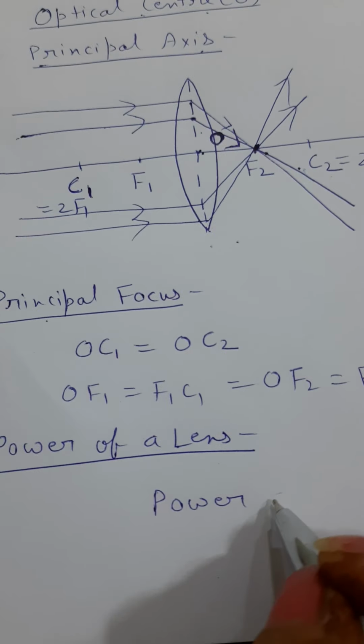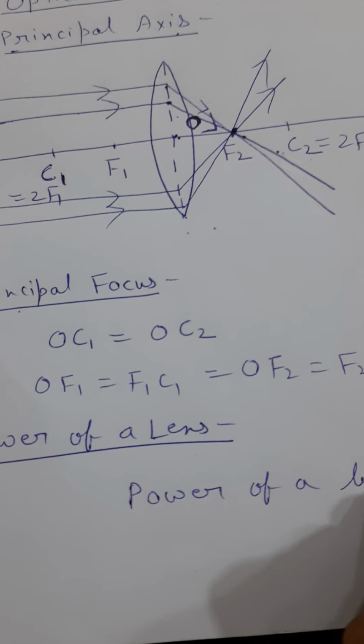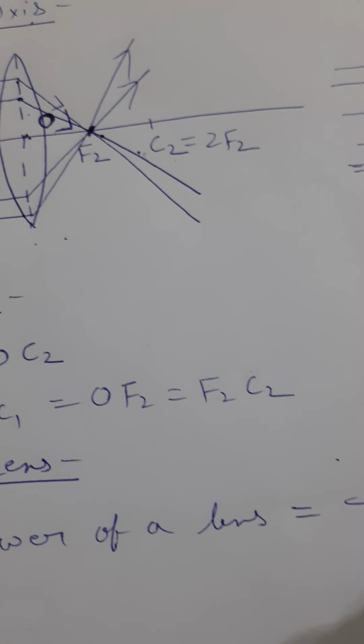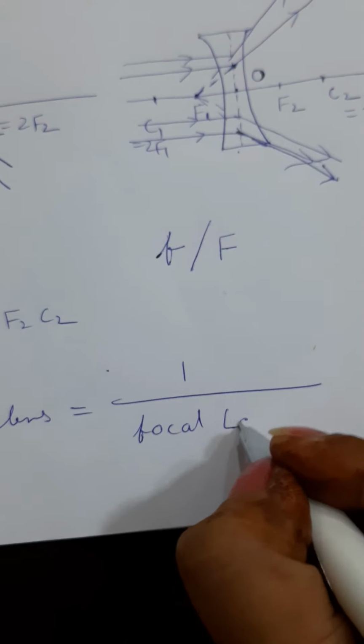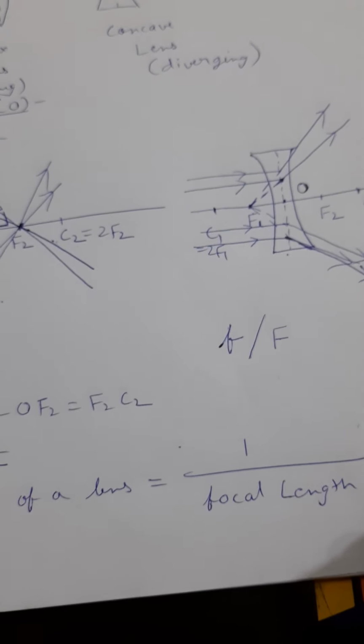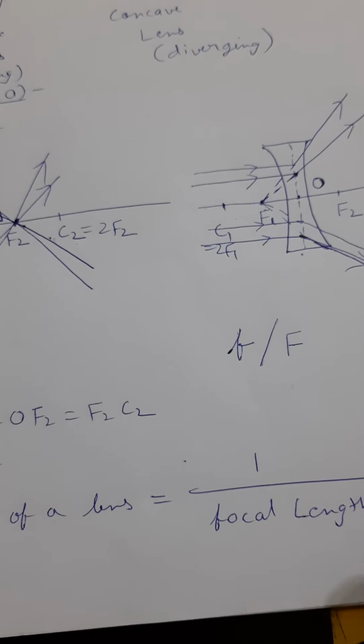So power of a lens, how are we calculating it? You just write this formula: power of a lens is equal to 1 upon focal length. But this is valid when the focal length has been given in meters.